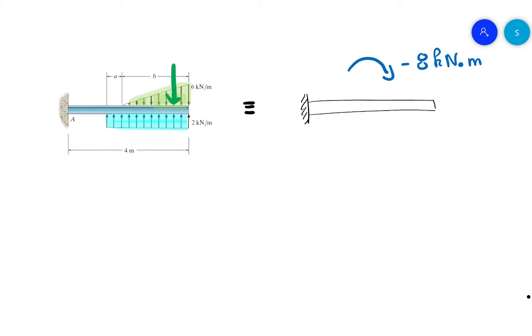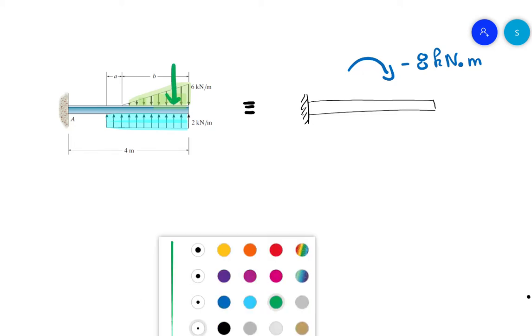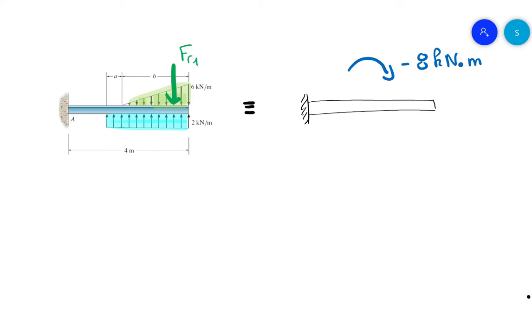So let's speak about FR1. I would call this one FR1. How much is FR1? I would use the Y axis, so just negative, and the plus counterclockwise. Okay, so FR1 is the maximum force times the length of the triangle, that is B, divided by 2. So this is equal to 3 times B.